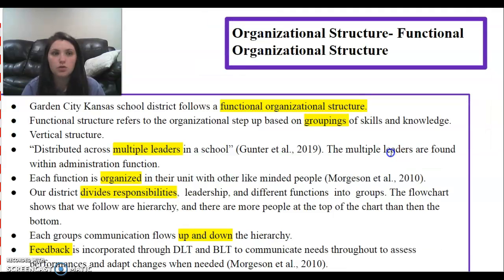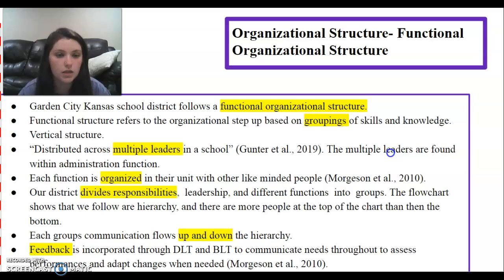And then the organizational structure that we follow is a functional. Each function is based on their groupings or skills and knowledge. It is a vertical structure going up and down. There is room to move up through the flowchart, and at the top of the flowchart, those people with more experience have moved up to the top.